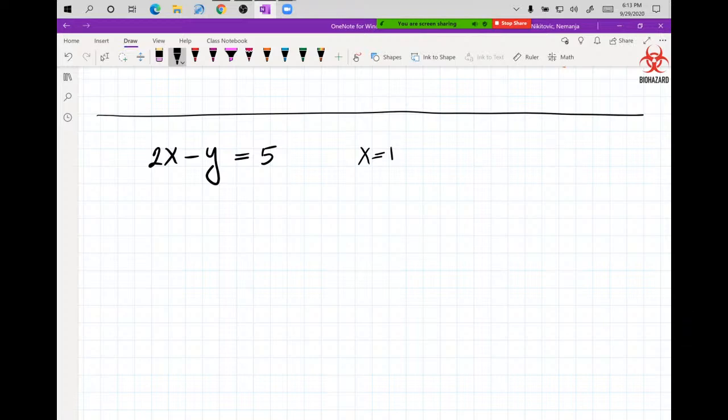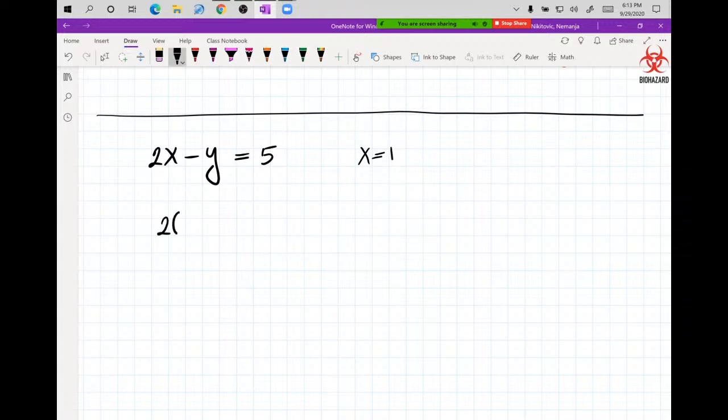And whoever is done, you can just say the answer, and then others can check. It's 3. Okay. Well, I haven't done it, so I don't know. I can check by placing 1 in here and placing 3 at the same time. But I'm going to solve it the same way you guys solved it.